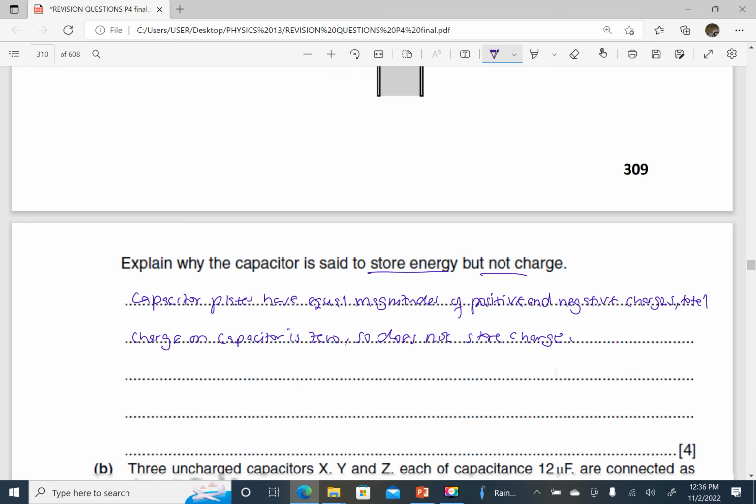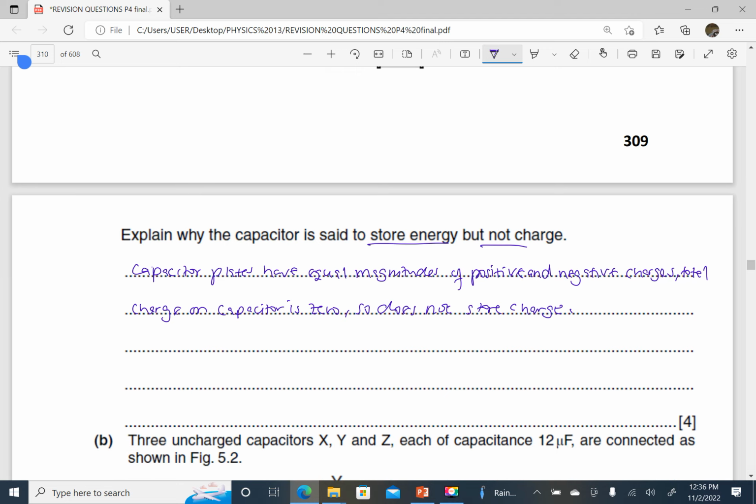But the charging process of a capacitor involves separating positive and negative charges.